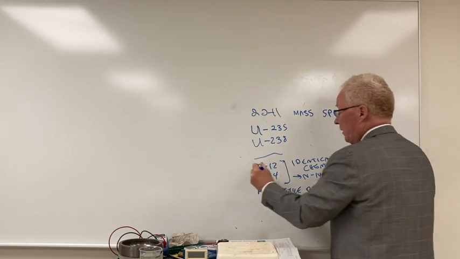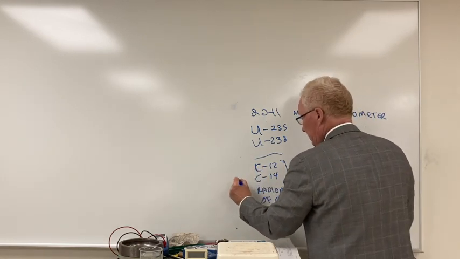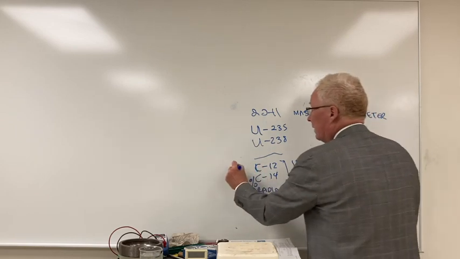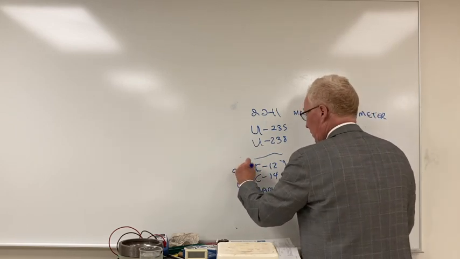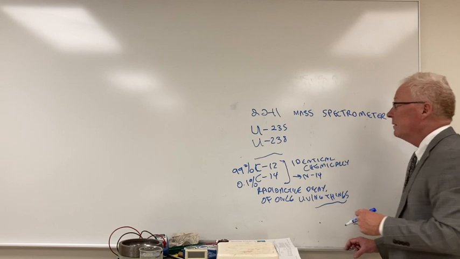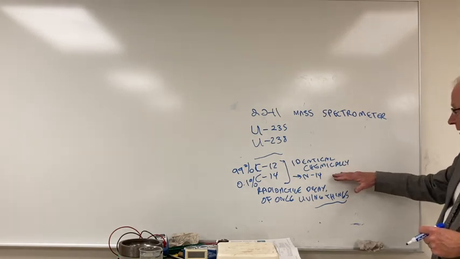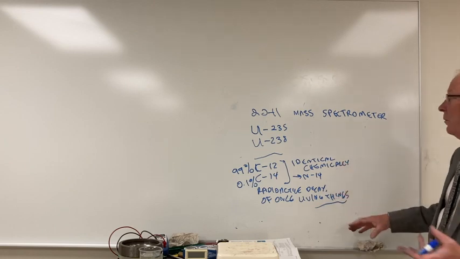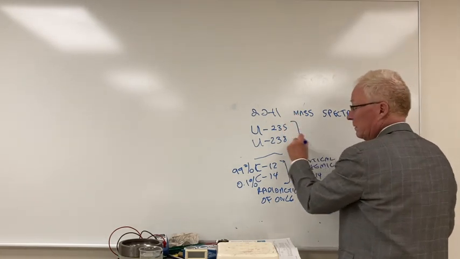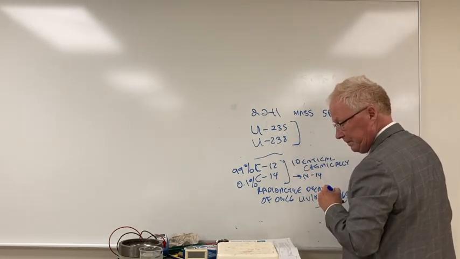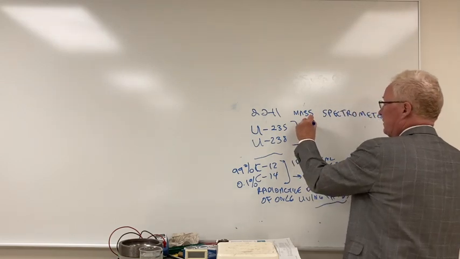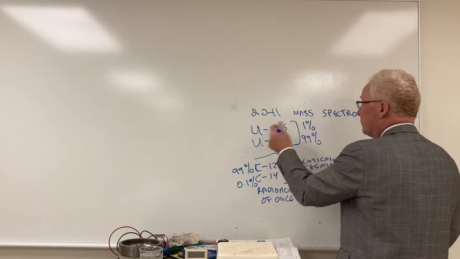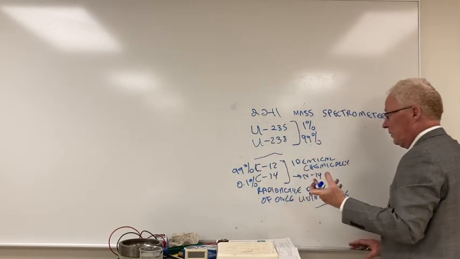Somewhere on the order of 0.1% of carbon is carbon-14, and about 99% plus is carbon-12. But if they're chemically identical, how do you separate the two? Same thing here. Uranium-235 makes up 1%, uranium-238 makes up about 99%. These are chemically identical.